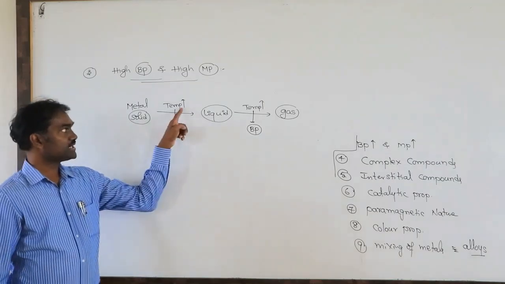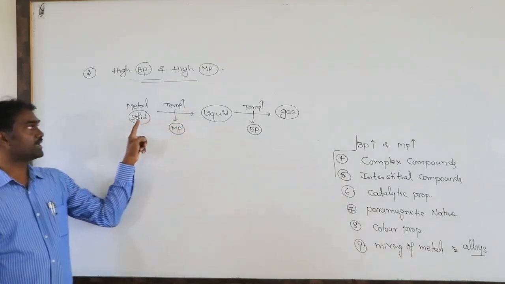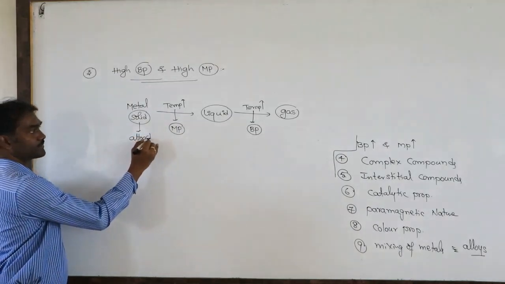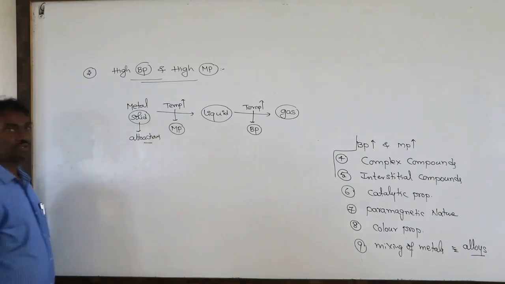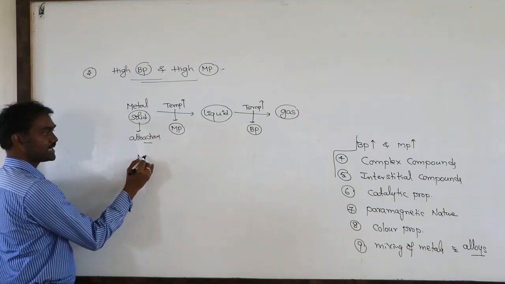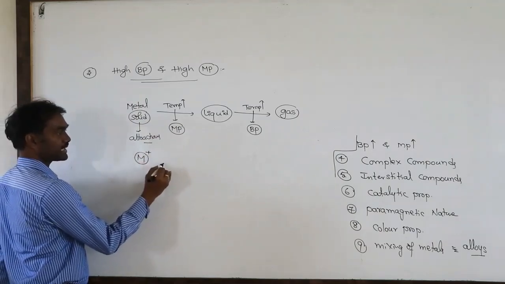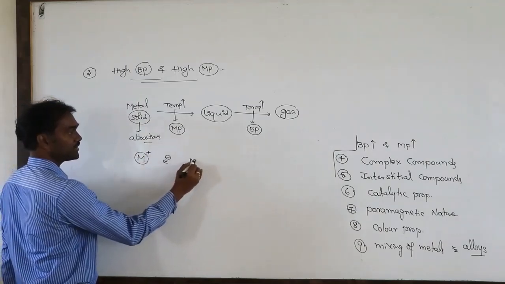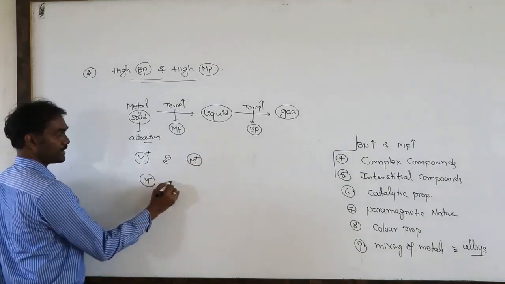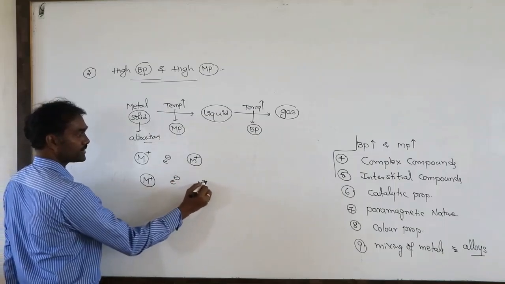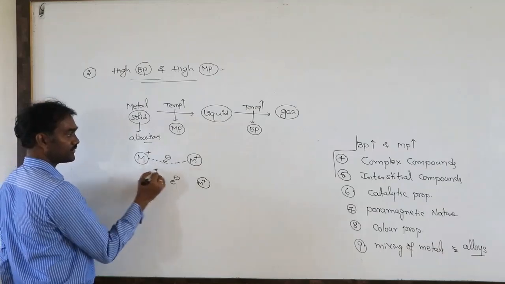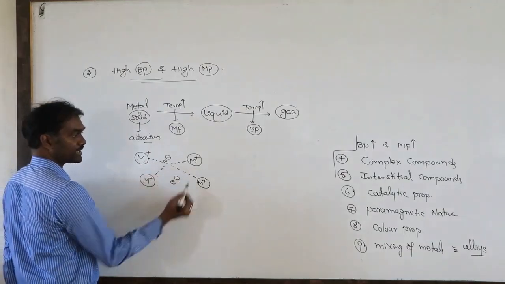How much temperature you need to give depends on the attractions. Which type of attractions are there here? We already saw that a metal loses electrons, which come outside. Those outer electrons are not contacted with only this metal but with other metals also.